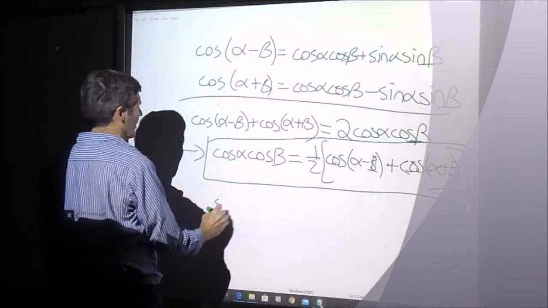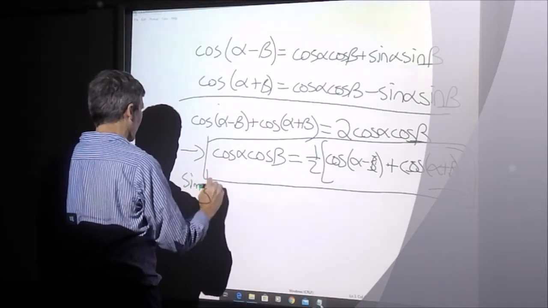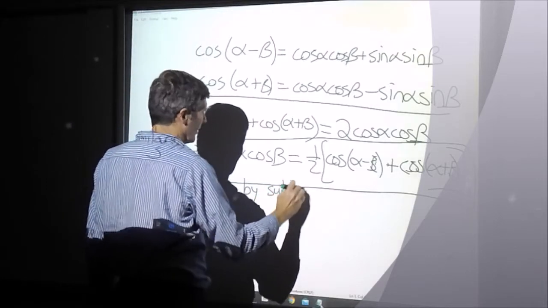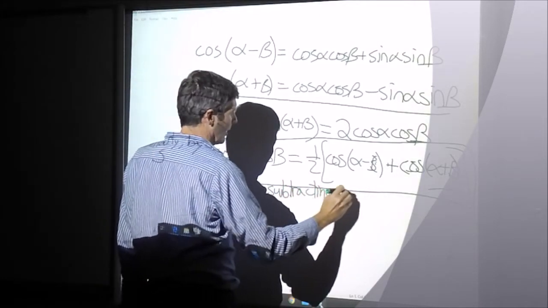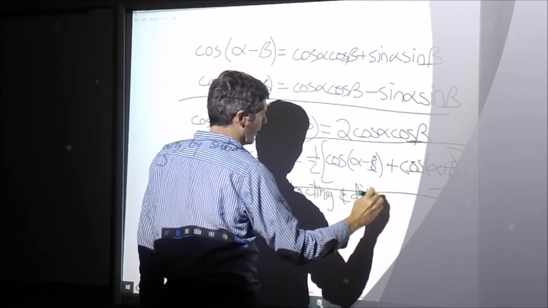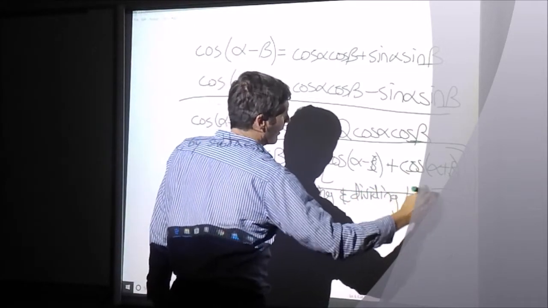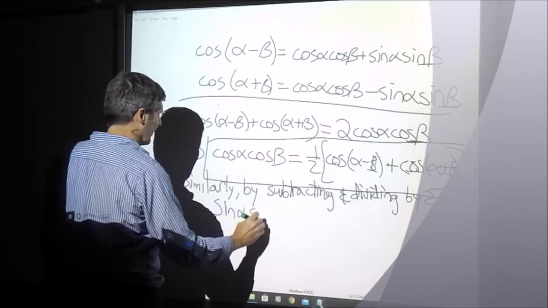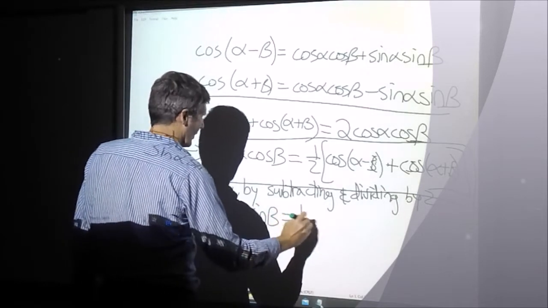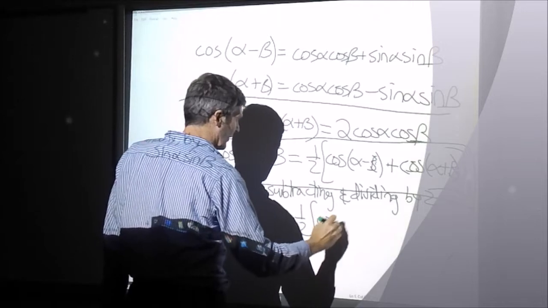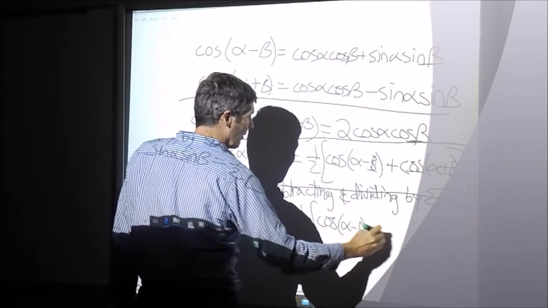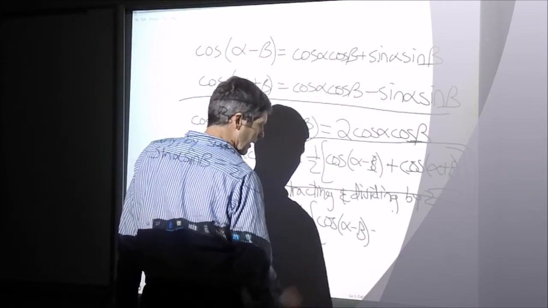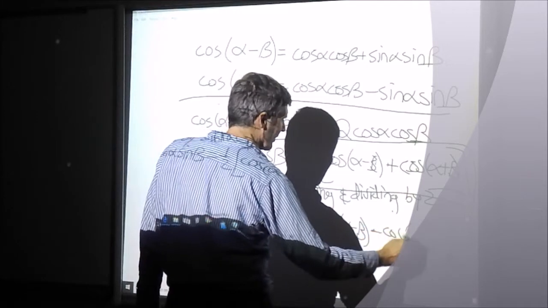Dividing by 2, similarly here, by subtracting and dividing by 2, we get that sine alpha sine beta is 1/2 cosine alpha minus beta minus cosine alpha plus beta.